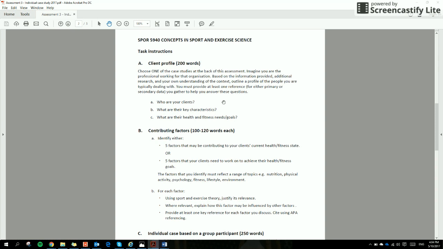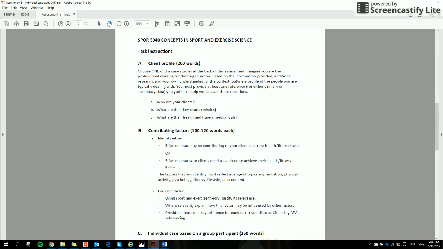If you're working with rugby girls from Kelston, what are some key characteristics of them? If you're working with Māori families in Henderson, who are these people? What are some characteristics? I've given you 3 guiding questions to help you. So you need to be able to answer really, who are these clients? What are their key characteristics?